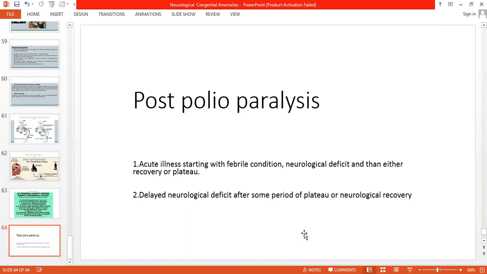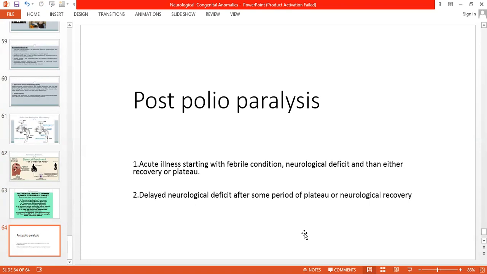Now, here I made a single slide. Polio is basically a pediatric problem. We know it's a virus which causes infection in a baby. Sometimes this virus also causes anterior horn cell infection, resulting in lower motor neuron type weakness, like flaccid paralysis.